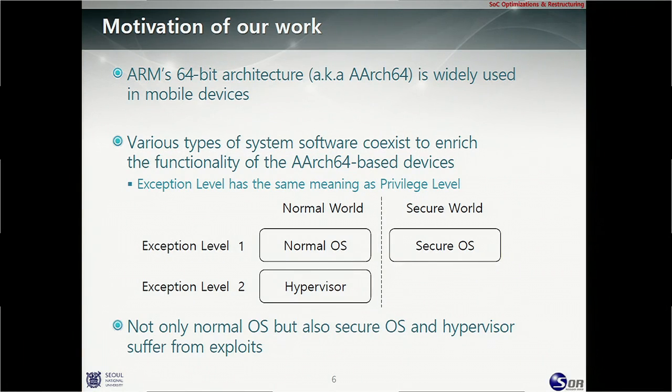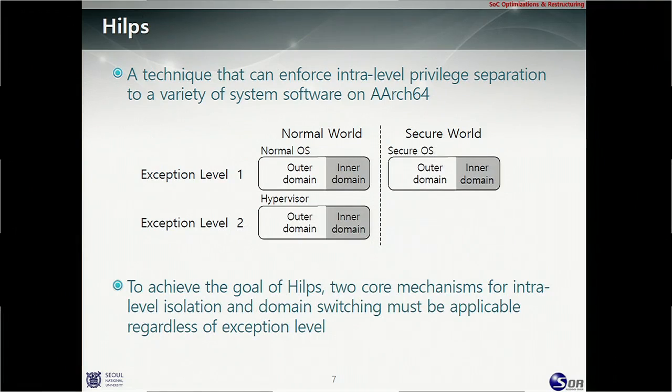Therefore, we need to impose intra-level privilege separation on all types of system software to improve system security. That's why in this paper we propose a new technique called Hilps that can impose intra-level privilege separation on all types of system software running at different exception levels on AArch64.